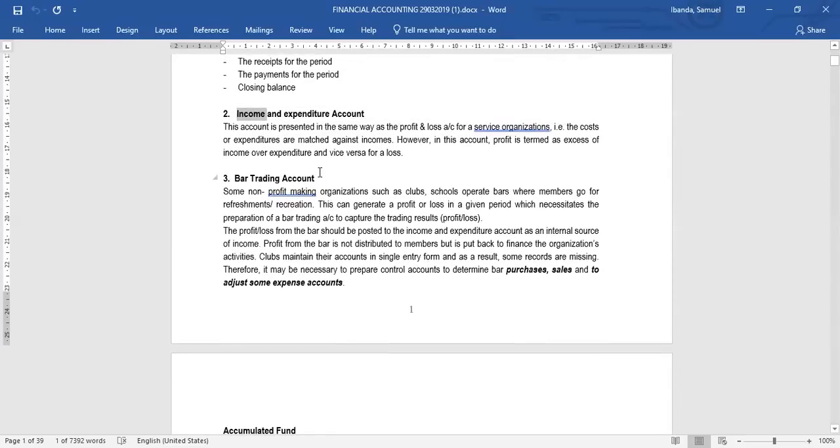Now, similar to that, since I've said that these organizations may also run certain kinds of businesses, this is where something called the bar trading account might come through, okay? So the bar is just one element, but this may also be a restaurant's trading account, or it can also be maybe a hospital.